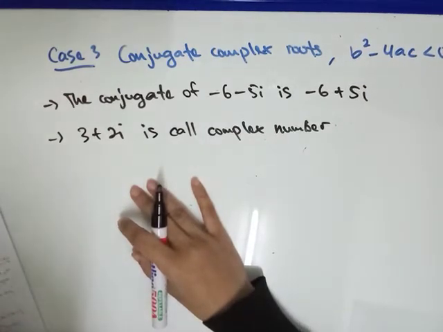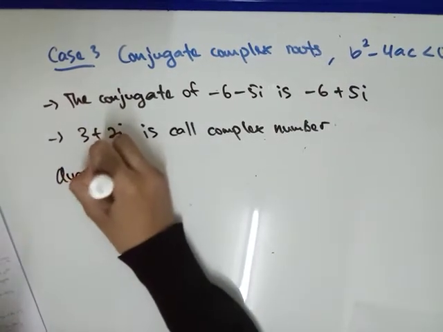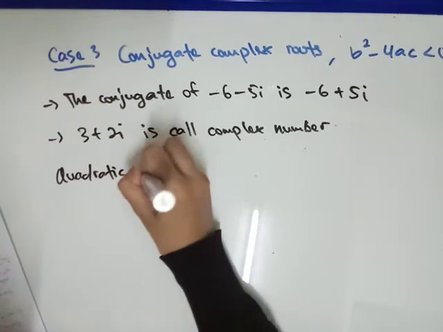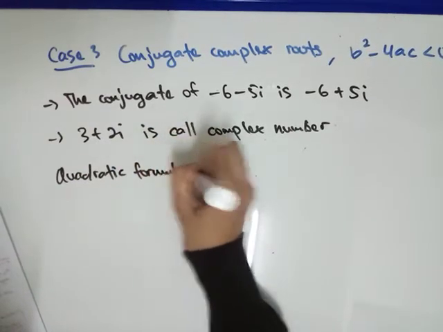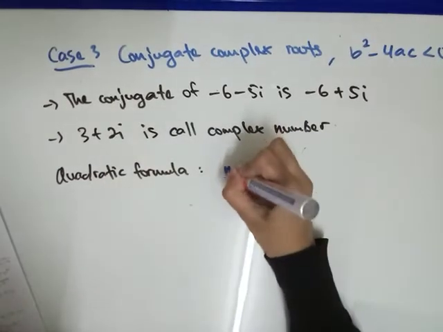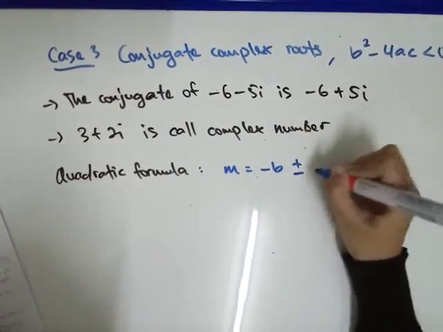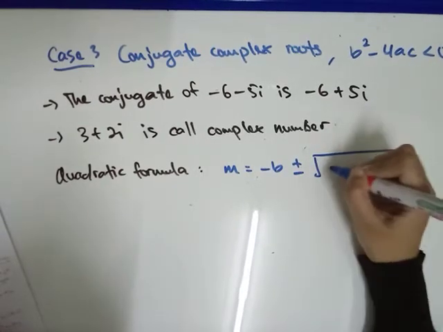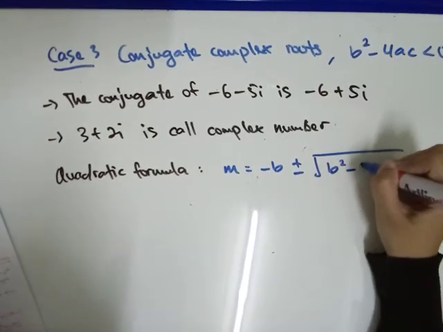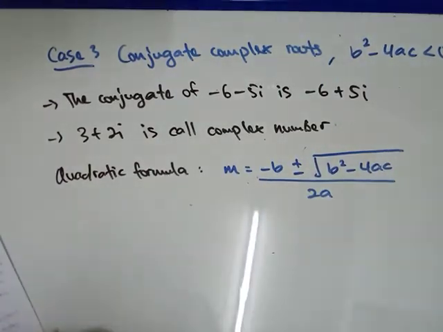We need to use the quadratic formula. Quadratic formula apa dia? m equals negative b plus minus square root of b square minus 4ac, divided by 2a.